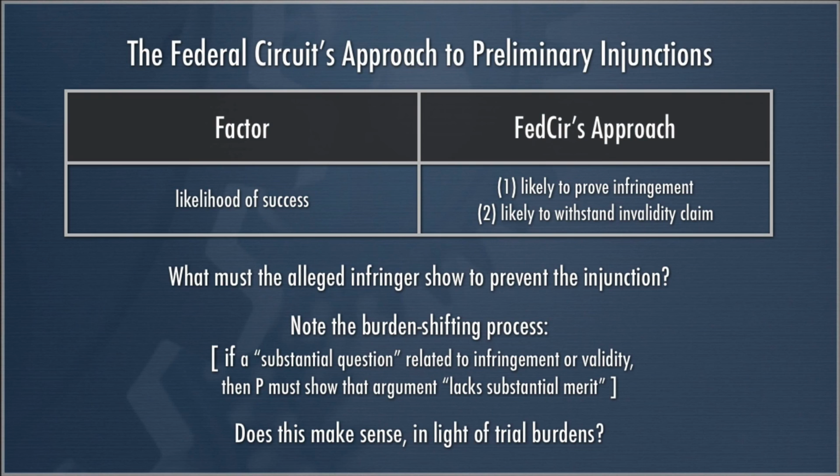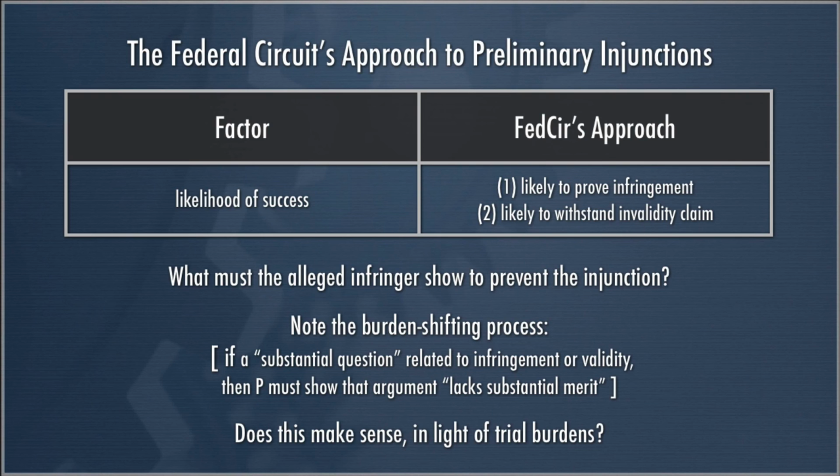And if that substantial defense is raised, then you go back to the patentee, because you've got to remember that the patentee is going to have to prove that they're going to be able to withstand these challenges, or that they're going to be able to show infringement by a preponderance of the evidence, and that they're going to be able to withstand any serious invalidity contentions. And so because of that, I think it makes sense to have this burden shifting given the procedural posture of the cases.